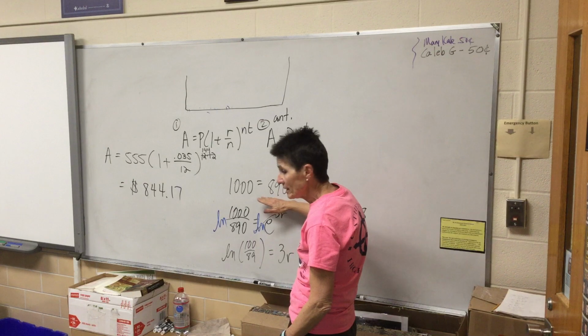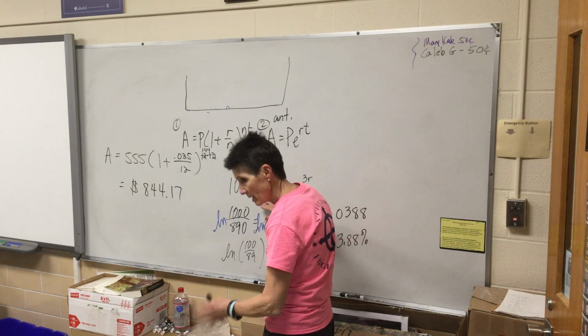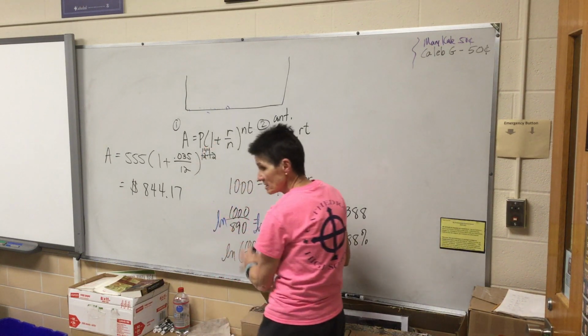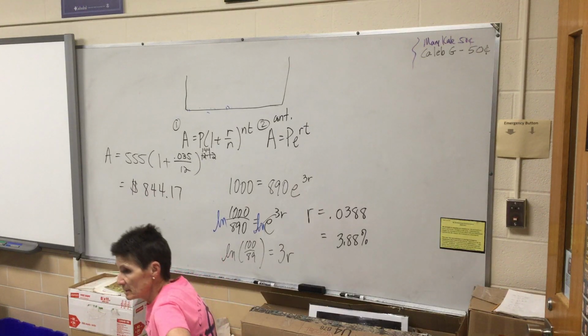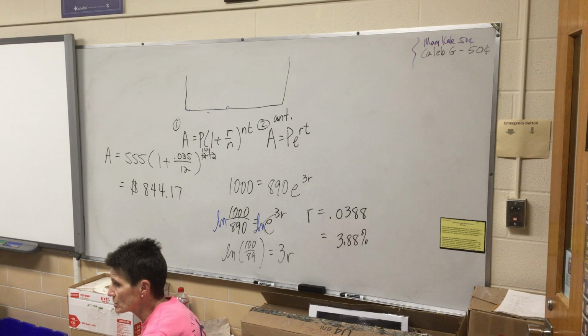It was a one-time deposit. So the formulas that we have been using up to this point are one-time deposits. These two formulas are the ones we'll use when you are making payments.